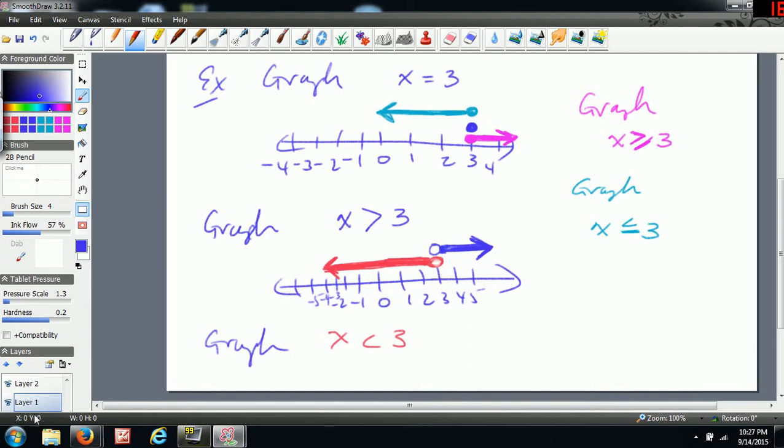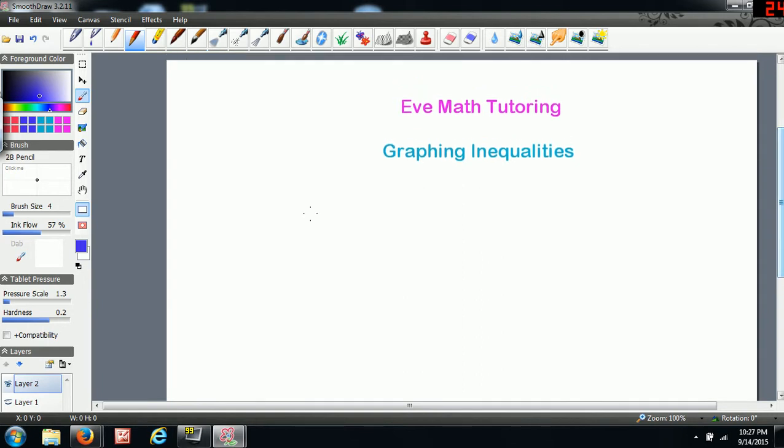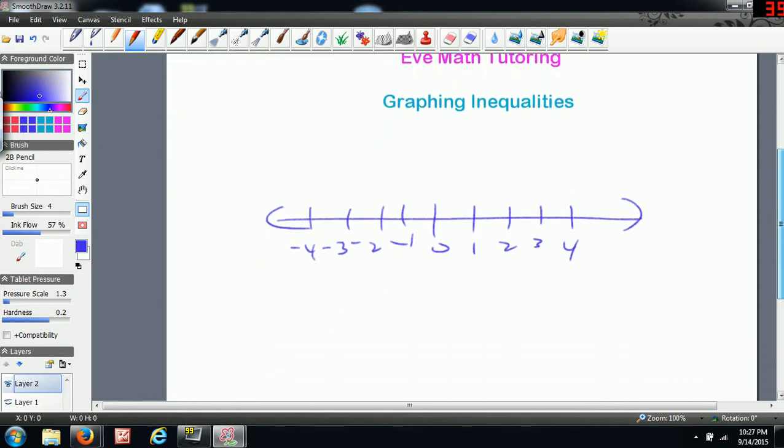Okay, so I'm going to do a few examples with some negative numbers. So I'll just draw a really big number line here. First, if I just want to represent, say, x is equal to -2, that would just be a point at -2.